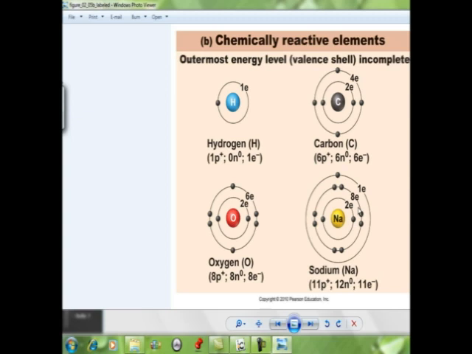And what do we have left? 1. So we put that in the third orbit. Yes? So how many valence electrons does sodium have? What group is sodium in? The number of valence electrons in any given atom or element is going to determine its reactivity.